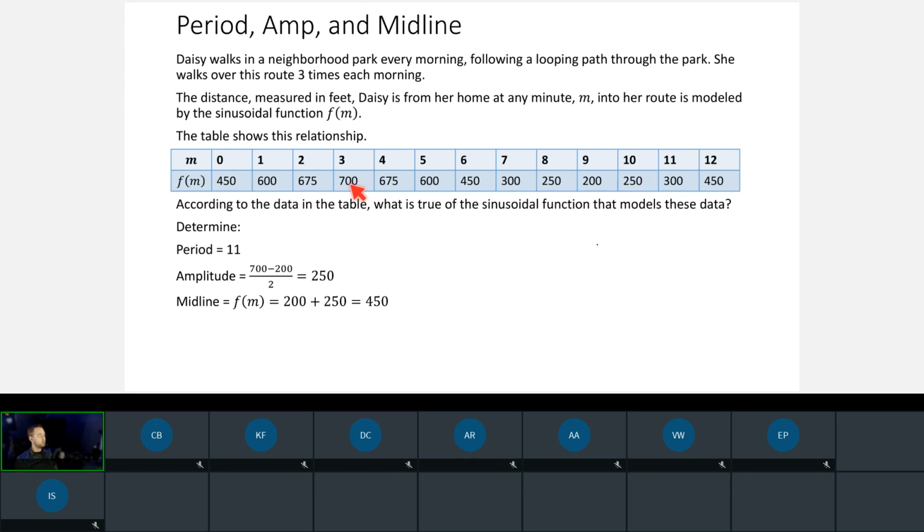Yeah, 700 minus 250 to get 450. You also could have graphed it, and you could have seen visually that the midline is 450 right on the graph. So there's a couple ways to do it. Does that help? Good, good.